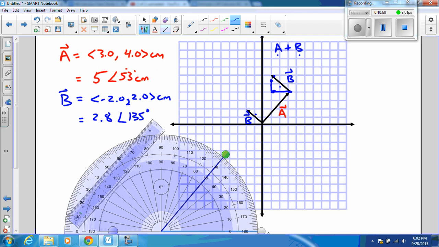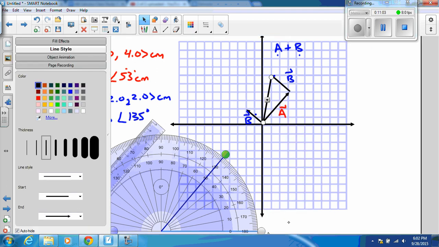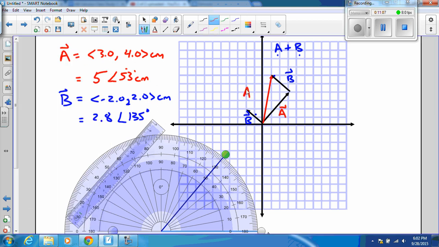Okay. So when I add A to B, or I should say add B onto A just like that, take a look at what I get. I get a new vector that I need to represent in red or something.